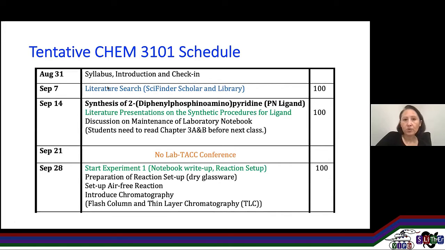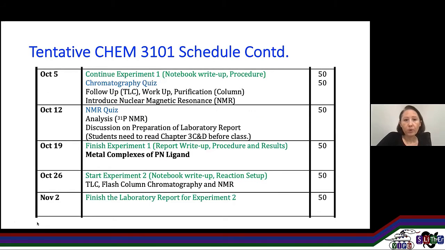So we actually do them in a conference room in the computer lab if necessary. The second meeting is discussion of the notebook and then literature presentations. And then we start with getting ready to set up a reaction, of course, drying glassware, and talking about air-free reactions, which is really important. And then we introduce TLC.